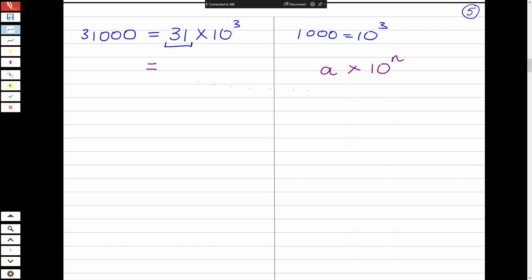So let me remind you, the first number that multiplies the power of 10 needs to be between 1 and 10, and we don't include the 10.